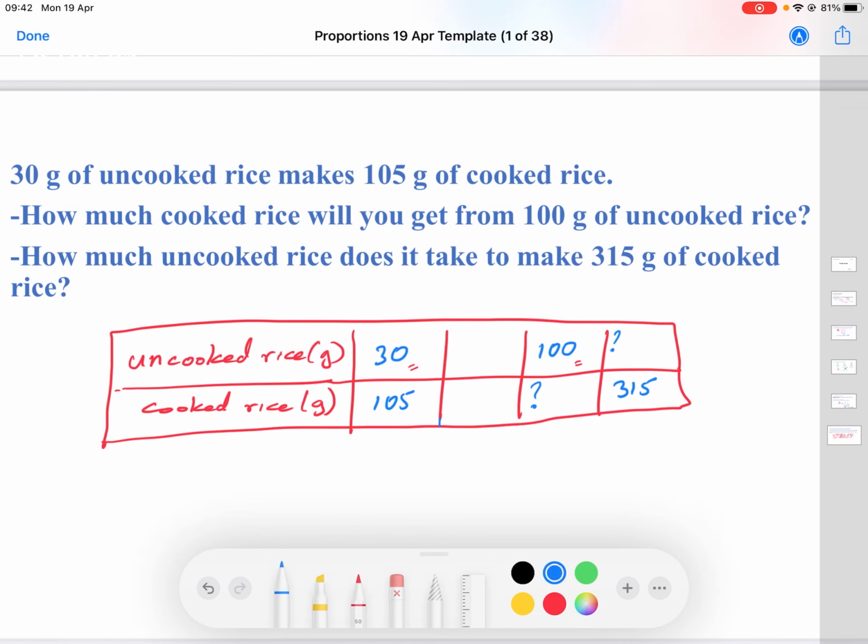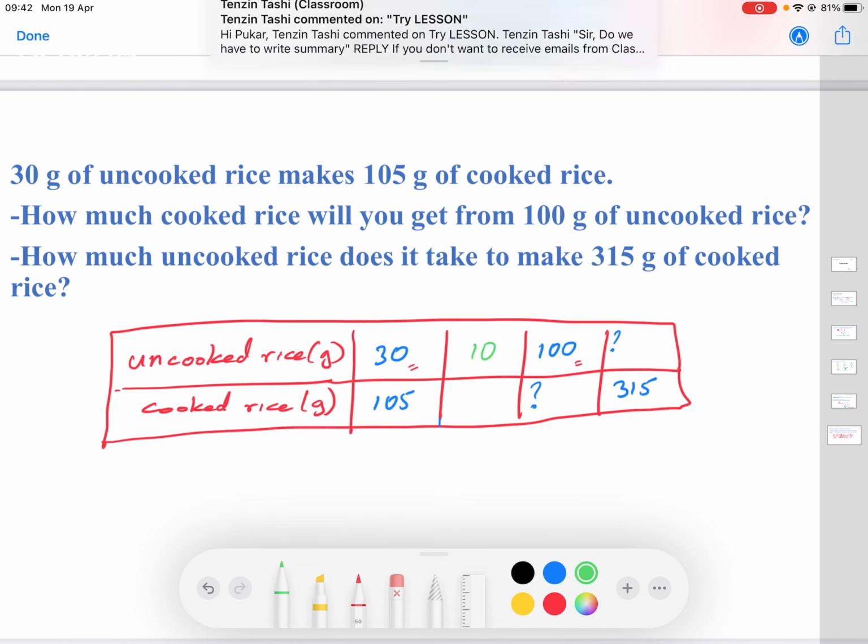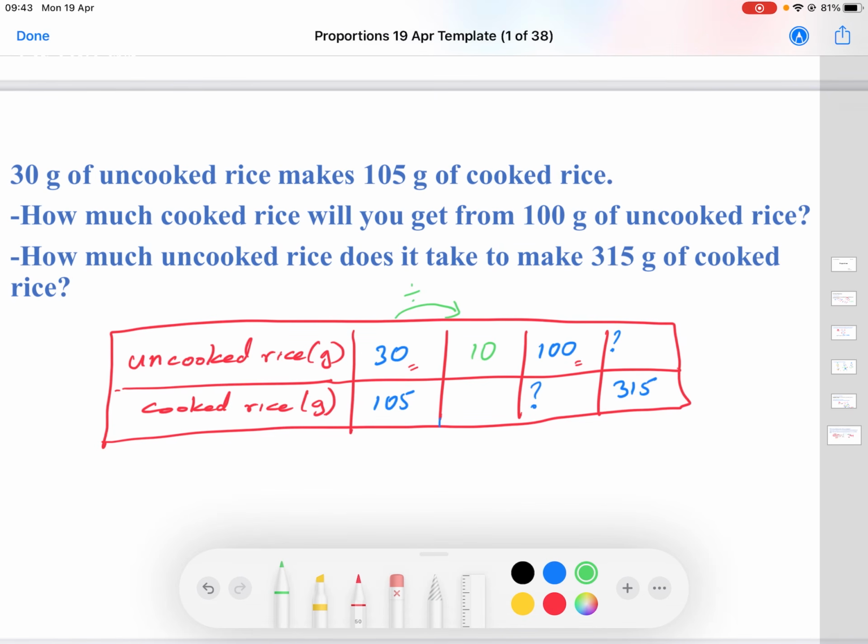Now since 30 we can divide to get 10, and 10 we can multiply to get 100. So 30 divided by 3 is 10, and 105 we can easily divide by 3, and it will give a whole number, 35.